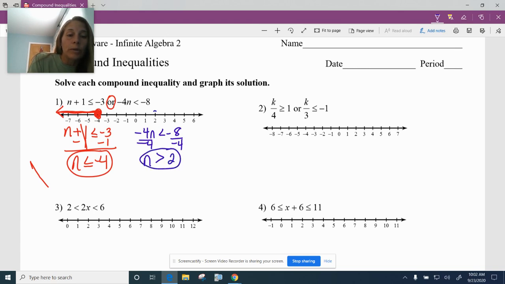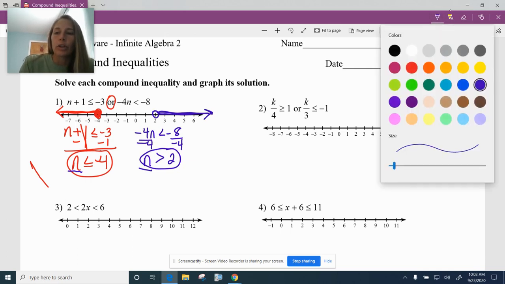So now I'm going to have an open circle at my 2, and I'm going to be drawing my arrow to the right because n is greater than 2, and all the numbers greater than 2 are to the right. Now, if you remember that little tip that I had talked about in class, if you have your variable on the left, and only when it's on the left, then your little inequality sign is sort of pointing the direction that you're going to shade.